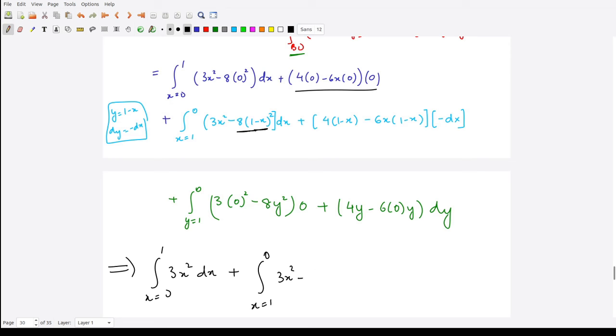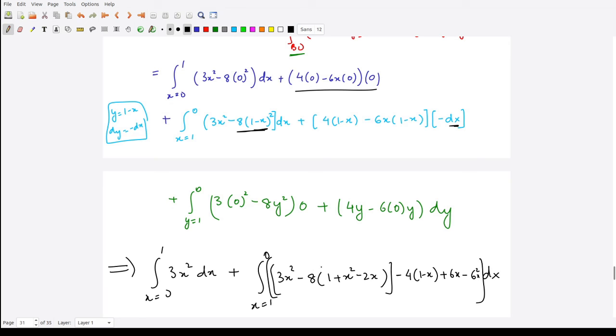Here you can open up the brackets, so it would be minus 8 times (1 plus x square minus 2x) into dx, and here also we have dx, and then minus of all these quantities, so minus 4 times (1 minus x), then plus 6x, and this minus and minus gives minus 6x square.